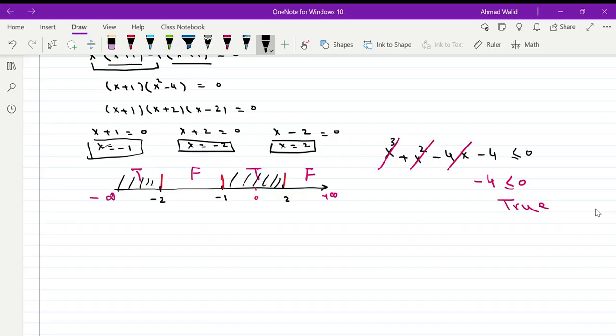Because I have less than or equal to 0, of course, for the points, I will use brackets, right? Then negative infinity, comma, negative 2, bracket, union. The other part is bracket, negative 1, comma, 2, bracket. That's the solution for the given inequality. Correct?